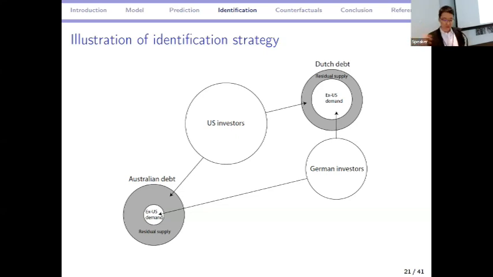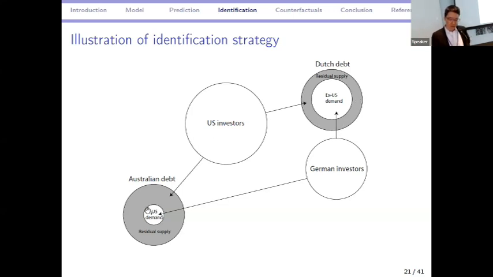Because we have no variation, we have no identification through supply. But we have identification through residual supply because German investors have higher demand for Dutch debt than Australian debt through some kind of information friction that gives rise to a gravity relation. The residual supply that US investors face in the Netherlands is a crowded market because they're competing with German investors who really like Dutch debt.